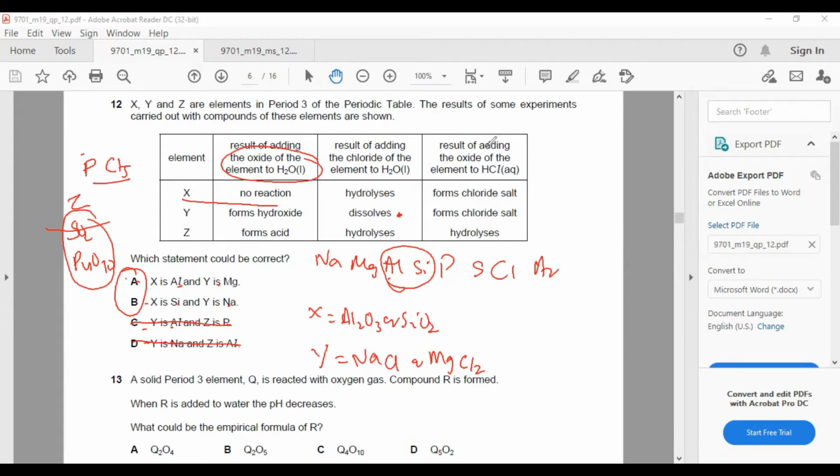And oxide with HCl hydrolyzes? No, oxide neutralizes. So Z, this one is wrong. So A is correct. X is aluminum and Y is magnesium. Because X has no reaction with water, aluminum oxide has no reaction with water.